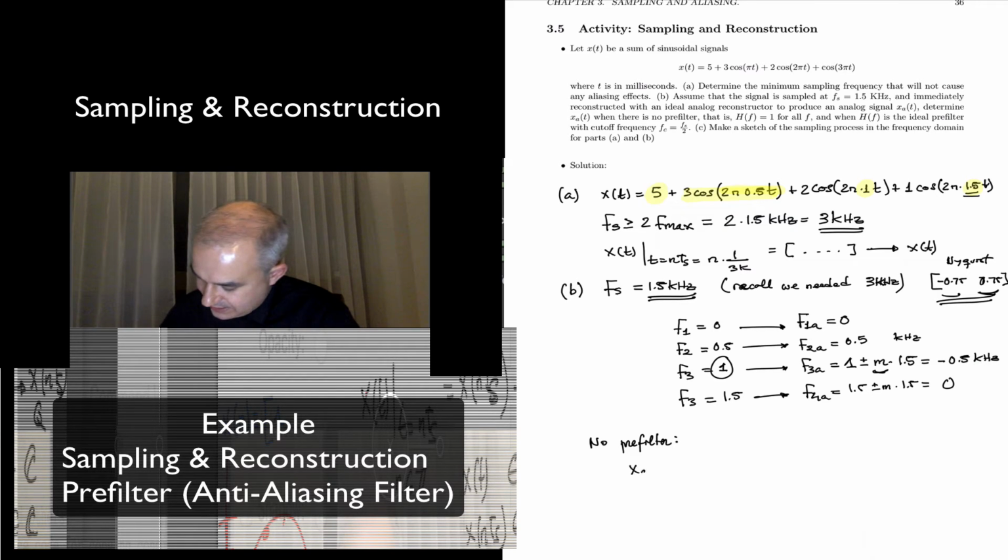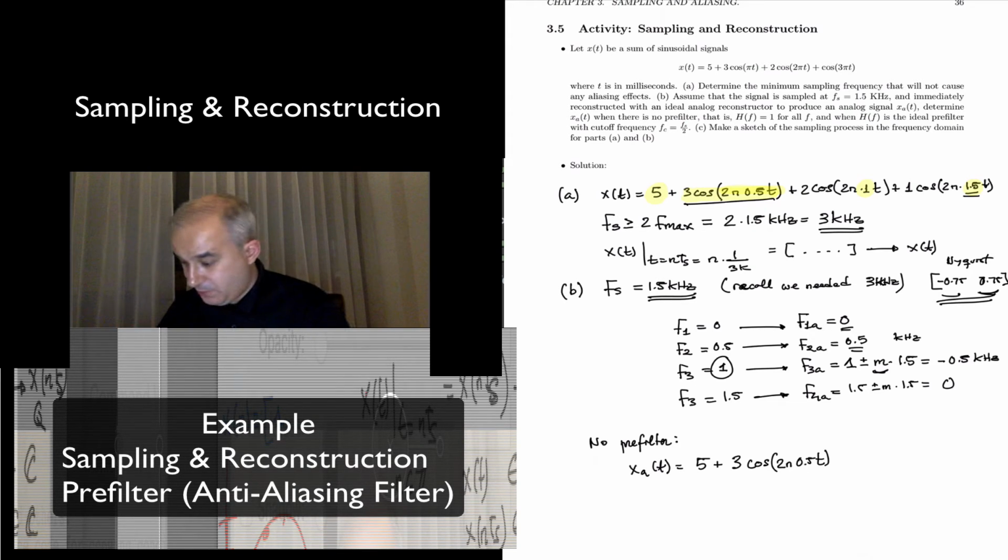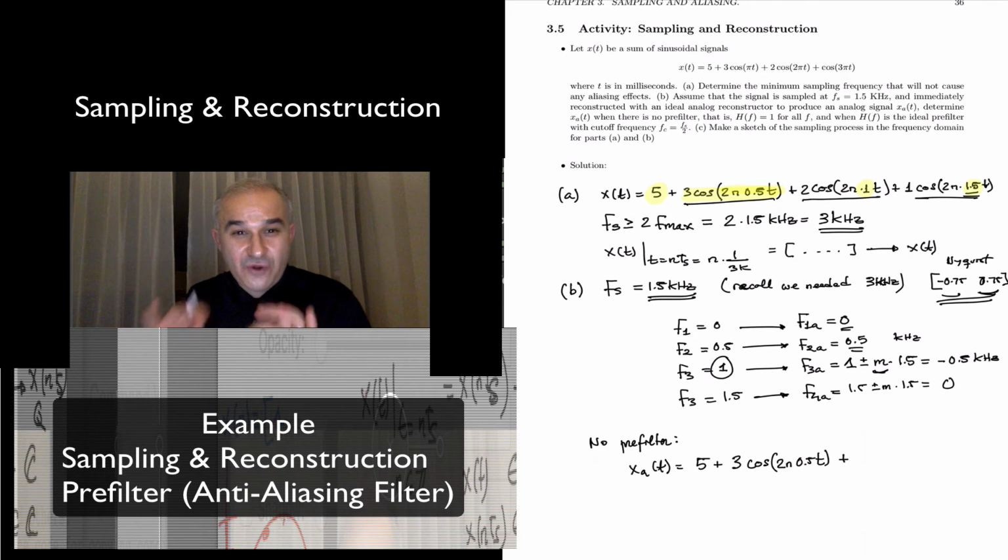The analog signal that you reconstruct is this component, 5, plus this component, cosine of 2 pi 0.5t. Fine, it went through, but the third and the fourth component are going to give us problems, because not only are they going to alias, and so you're going to lose those, but they are going to distort the other components that could have gone through had we used a prefilter.